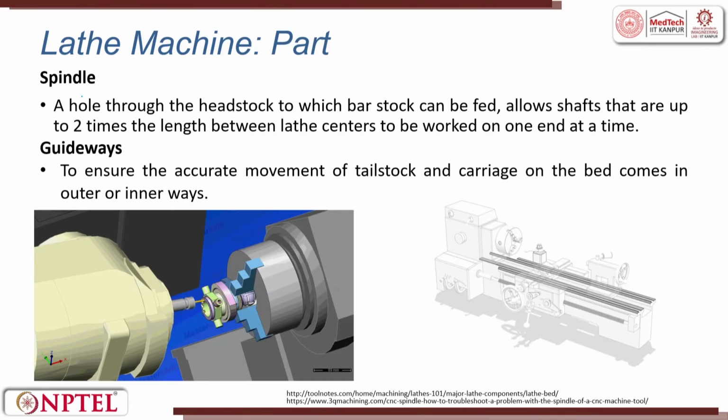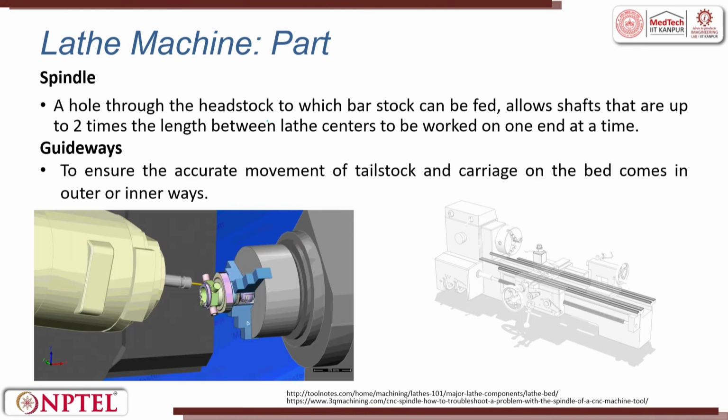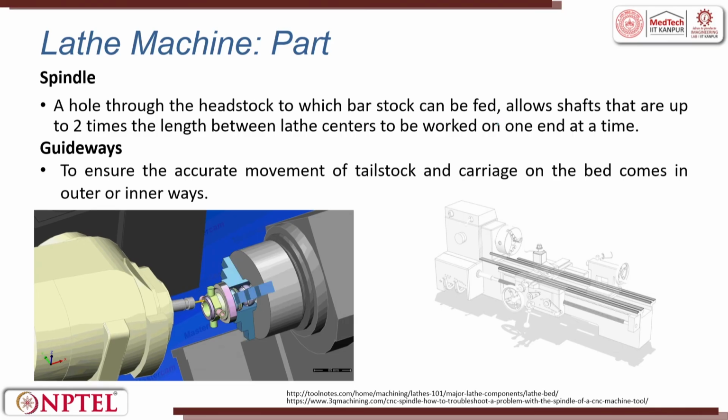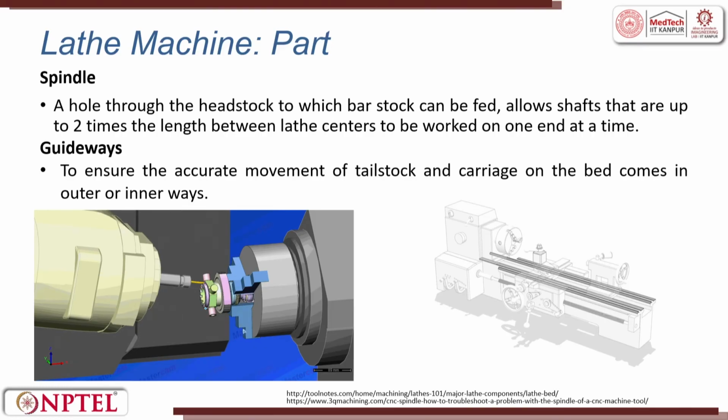So, spindle, a hole through the headstock to which bar stock can be fed. So, generally it will be a hollow shaft. A spindle is there, the three jaws come, and when three jaws meet also you will have a small gap in the center. So, now through which you can feed the rod.